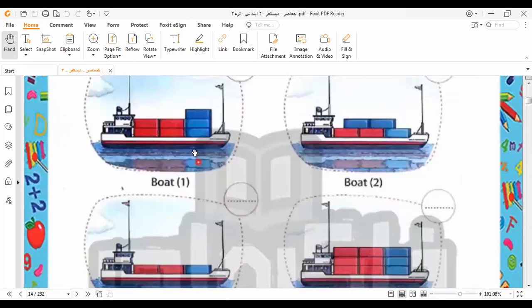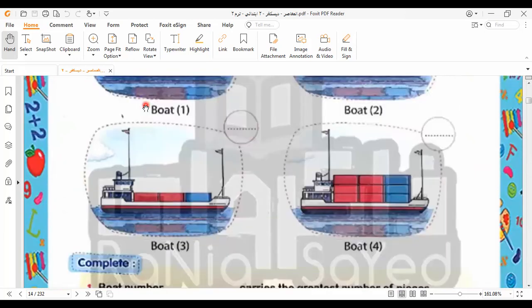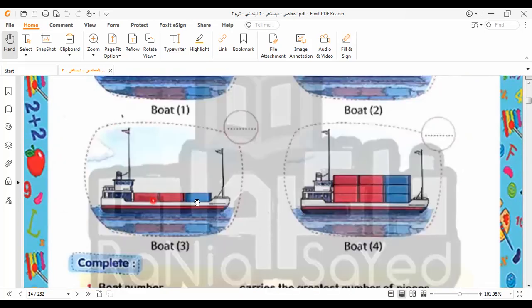I will count it: 1, 2, 3, 4, 5, 6, 7. 1, 2, 3, 4, 5. 1, 2, 3. 1, 2, 3, 4, 5, 6, 7, 8, 9.